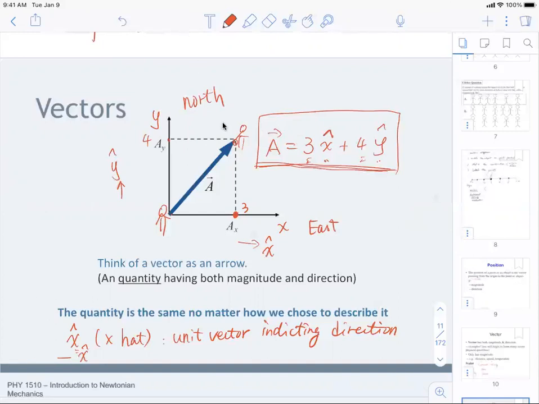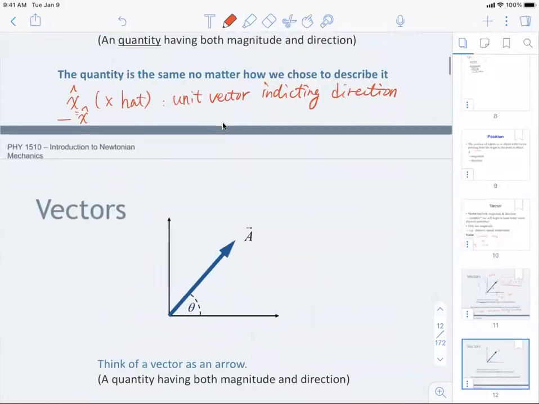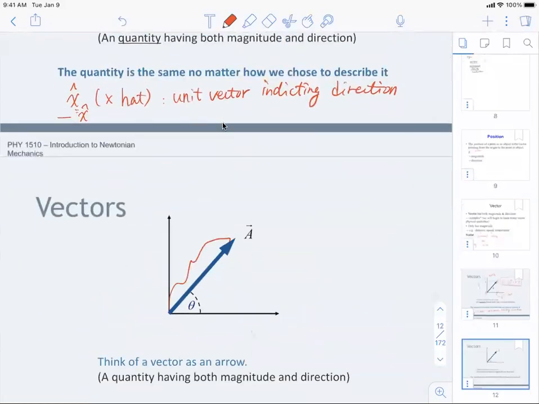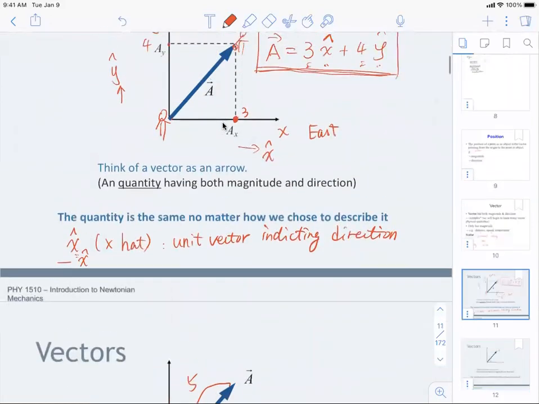Okay. All right, so the next way that you imagine you tell people is you probably won't say I'm 3 off to the east and 4 off to the north. You will say I have traveled a total distance of 5 miles. Because the length of this, you can see, is 5. If this is 3 and 4, then it is 5.